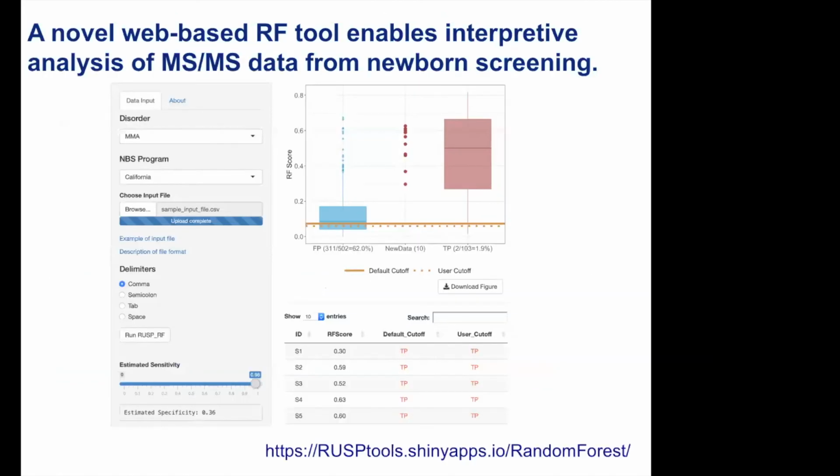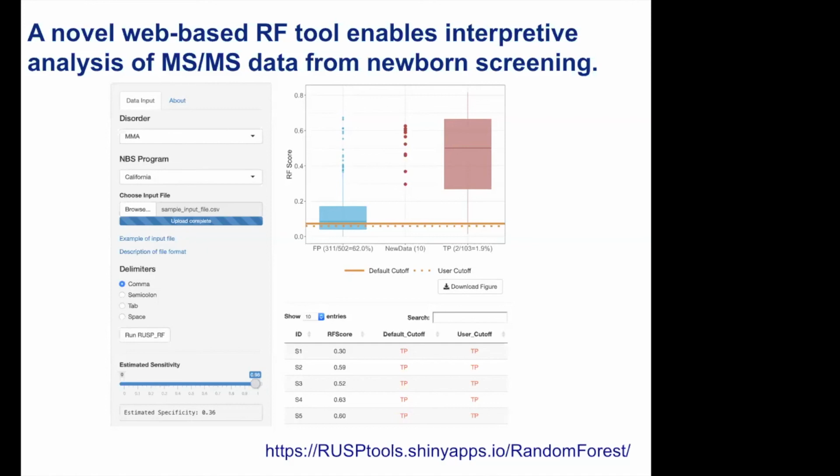A novel web-based tool using a Shiny app was developed in this project that now enables interpretive analysis of MS/MS data from newborn screening using random forest. Here shown is the graphical user interface of this new web-based RF tool for NBS data analysis. The menu panel on the left side was designed to upload data and to select parameters. The panel on the right side shows the result from RF-based analysis of the metabolic user input data.